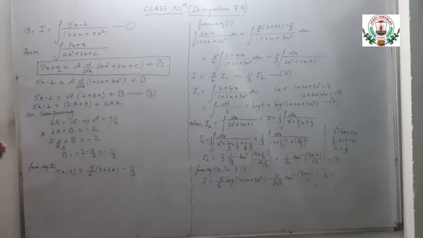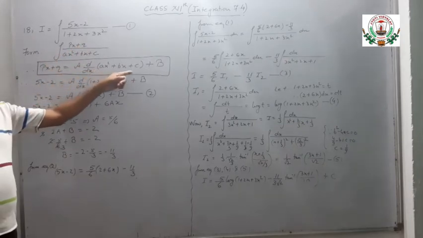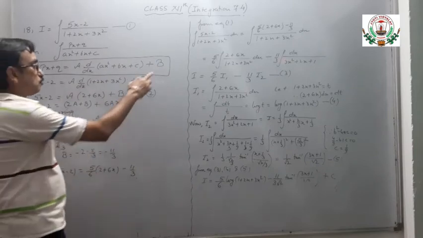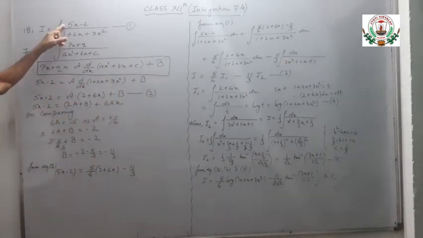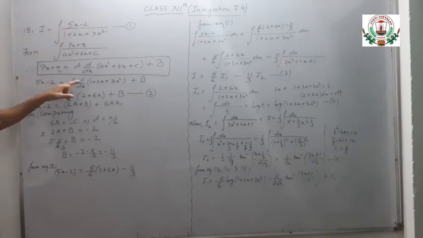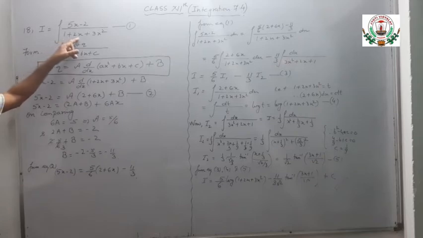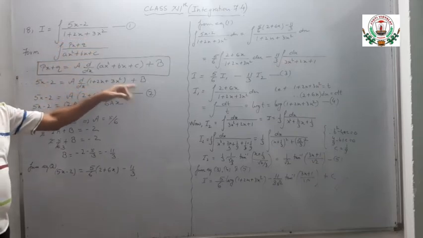Every time when such type of integration formats come, you have to write linear equation equals to a into d by dx of the denominator quadratic equation plus constant. So in our given integration, our linear equation is 5x minus 2, a into d by dx quadratic is 1 plus 2x plus 3x square plus b.